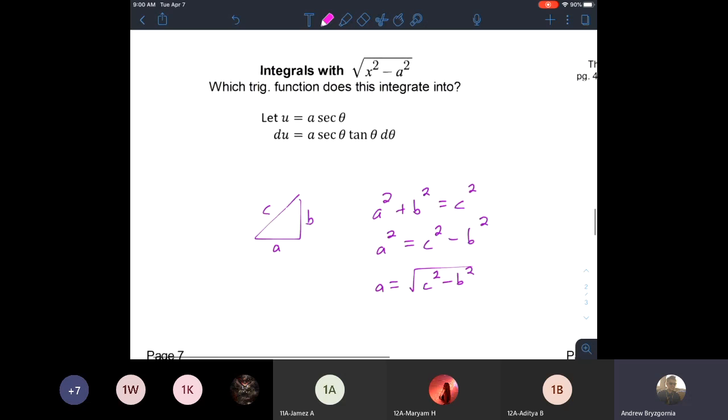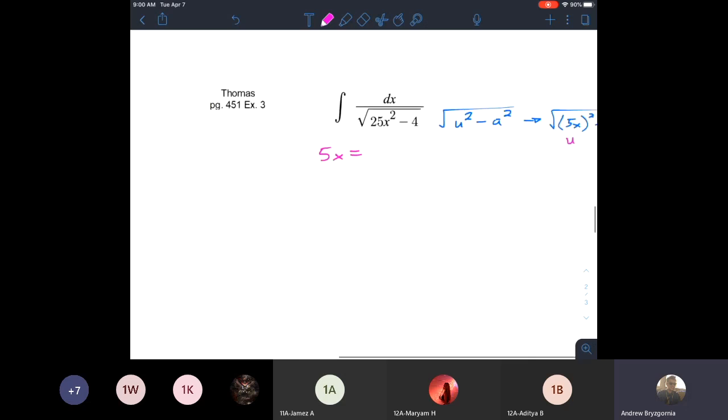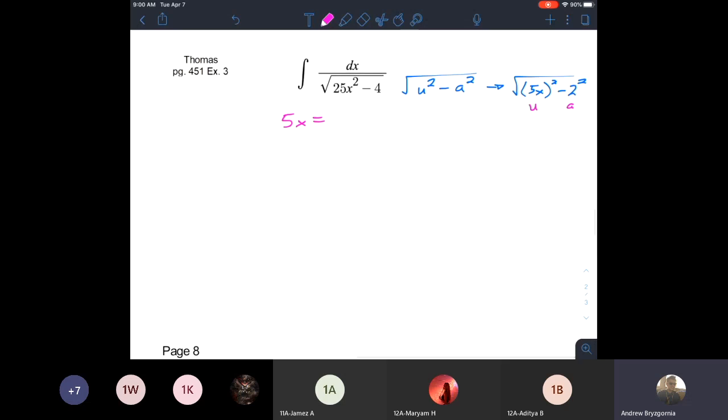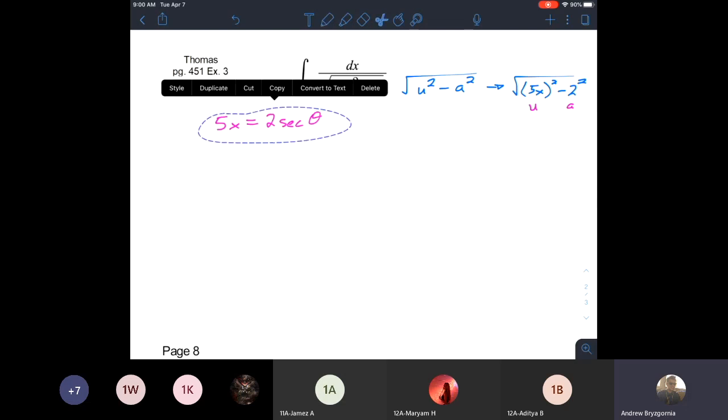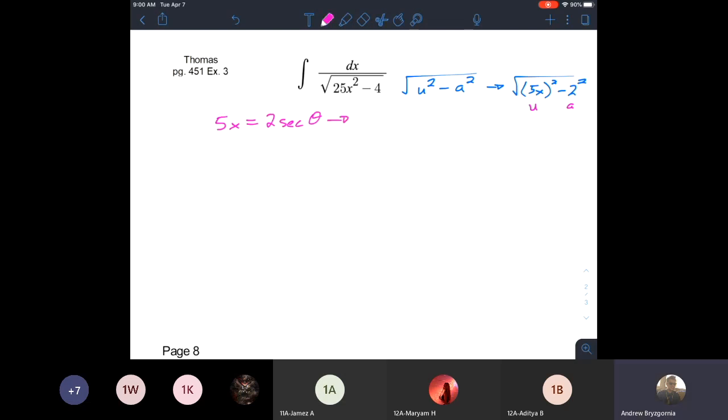Remember, u is whatever was squared at the beginning of our square root, and we need it to be a secant theta. So 5x is going to be equal to 2 secant theta. But we want to get this into a form we're more familiar with, as an x equals. So if we solve for x, we get 2/5 secant theta.